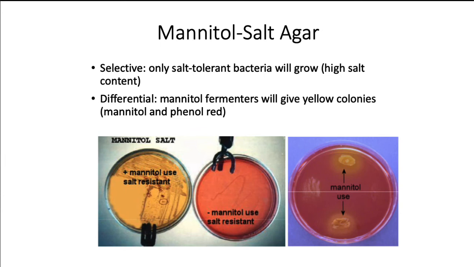So the mannitol fermenters are going to give you yellow colonies. So, for example, when you have Staphylococcus aureus, if you want to differentiate Staph aureus from other staph, MSA is useful because they are able to grow and also to ferment mannitol.